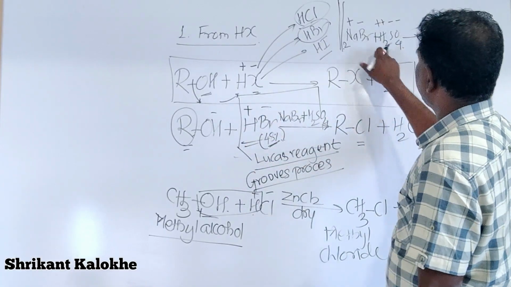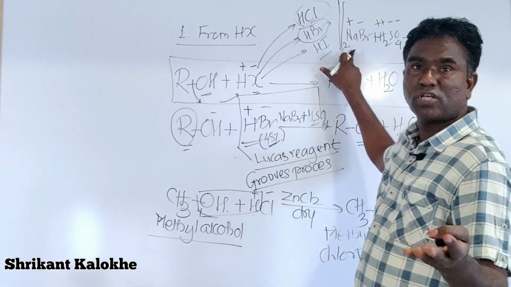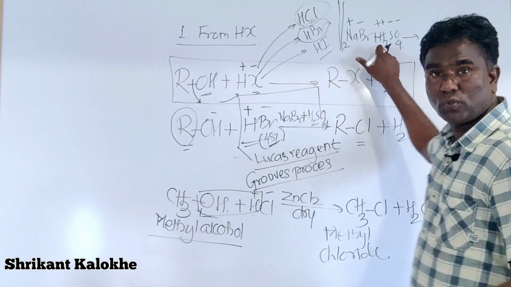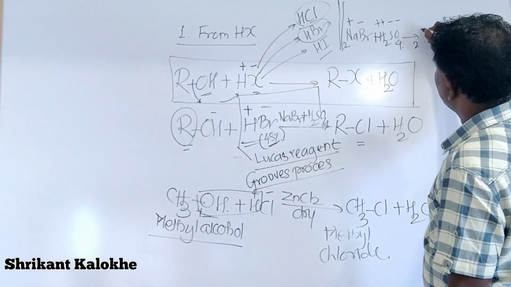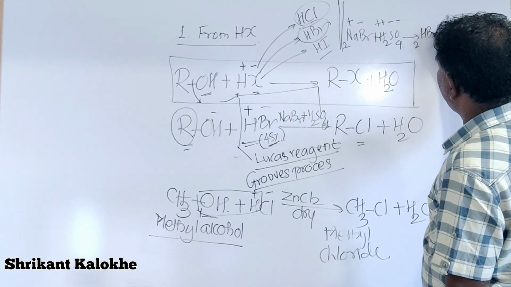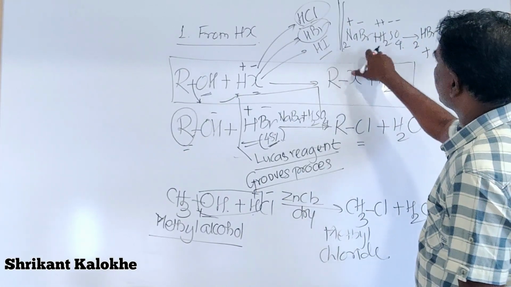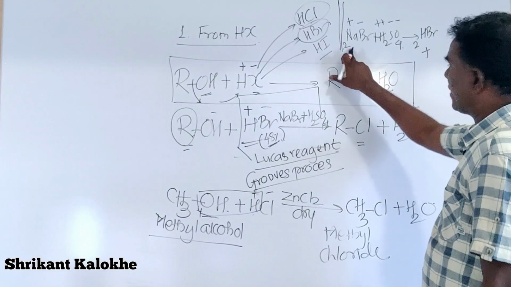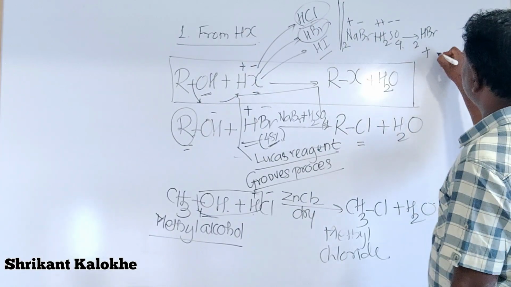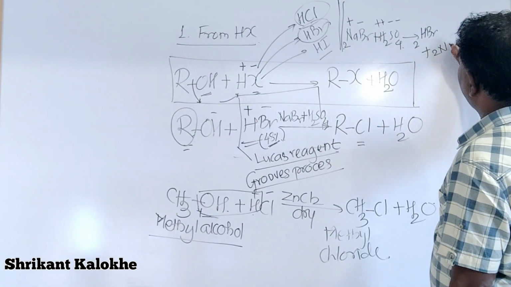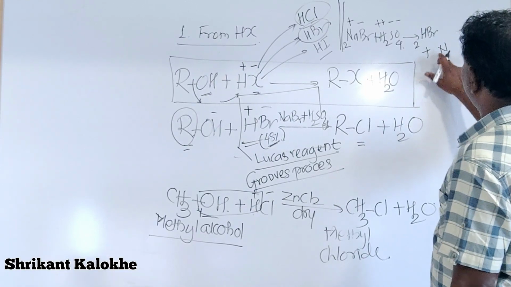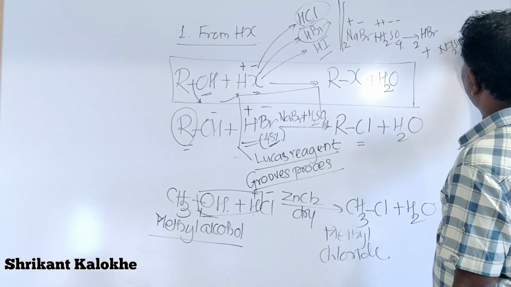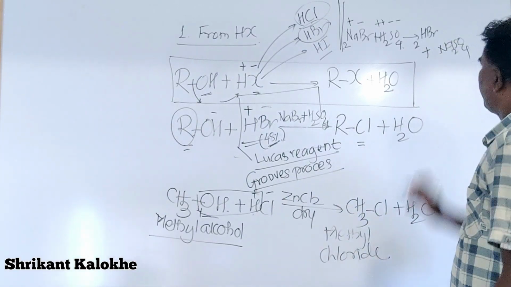Therefore, 2 molecules of NaBr react with 2 molecules of H2SO4 to give 2 molecules of HBr, plus the side product salt, which would be Na2SO4, sodium sulfate.